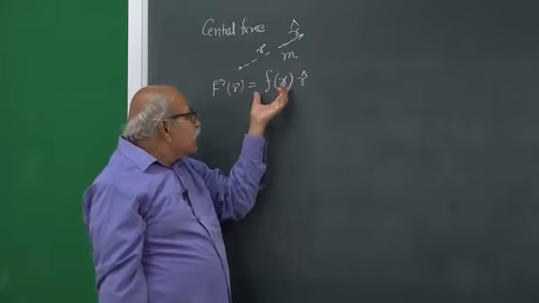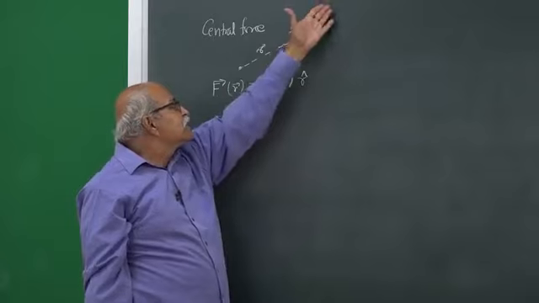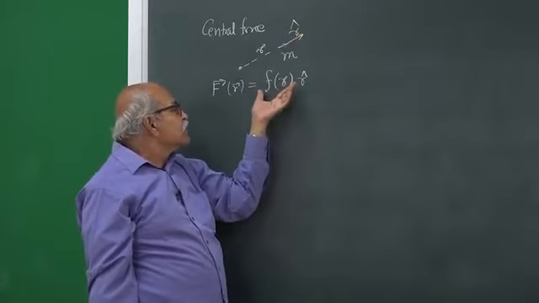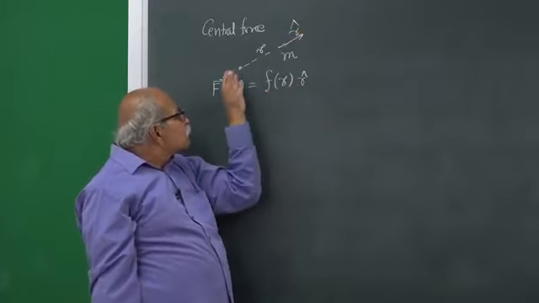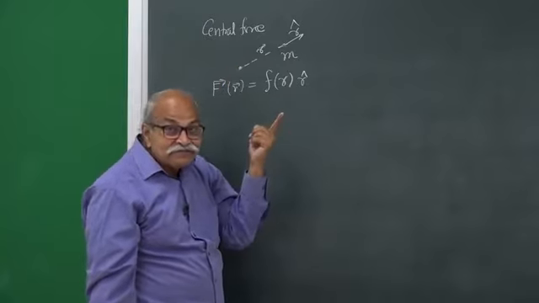So, this Fr, if it is positive, then the force is away from the center of force. If this Fr is negative, then the force is towards the center, attractive or repulsive.